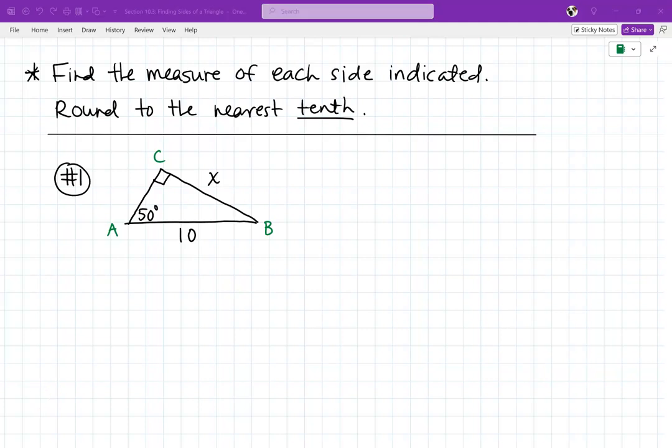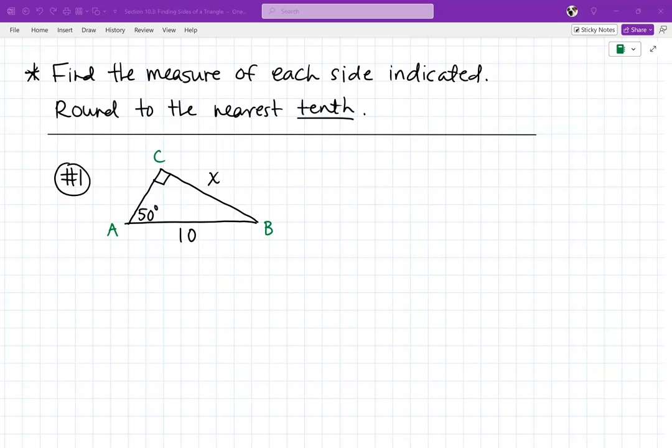All right, so for this problem, we have to find the measure of the side indicated, which is the letter X. If you see that the triangle has A, B, and C in green, that's just because whenever we deal with triangles, we give them specific names, right? So we have triangle ABC. A is a vertex, B is a vertex, and C is a vertex, in other words, where the two legs meet.